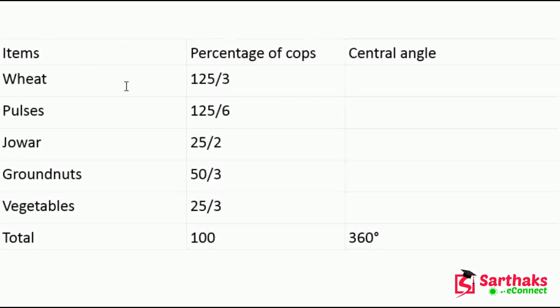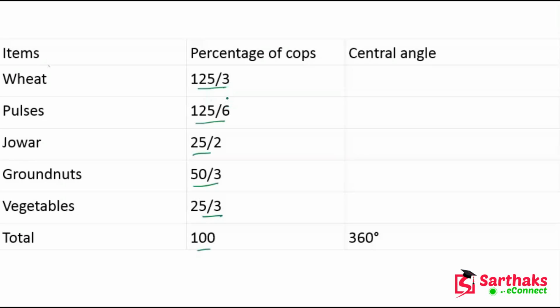Now here we have to find the central angle. In this column we have the items: wheat, pulses, jowar, groundnuts, vegetables. Here we have the percentage of crops: 25 upon 3, 125 upon 6, 25 upon 2, 50 upon 3, 25 upon 3, and the total is 100. For finding the central angle, component value divided by 100 into 360.